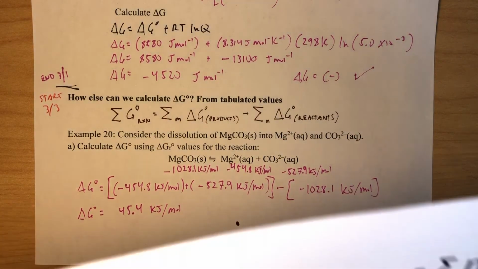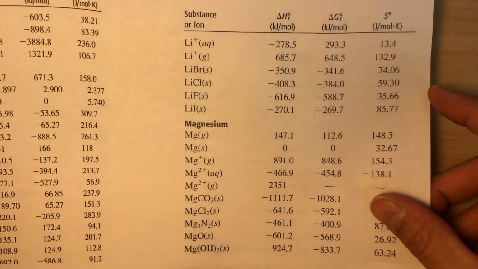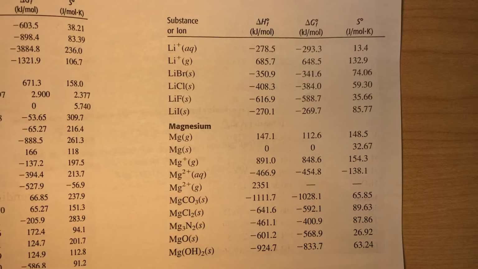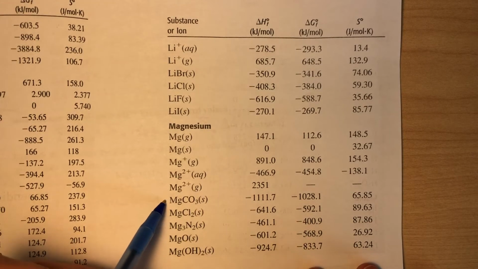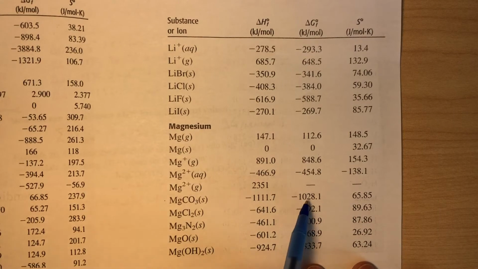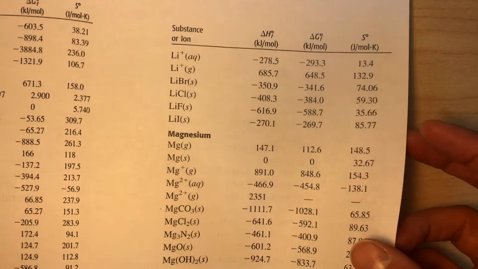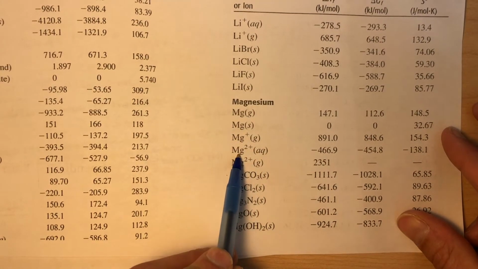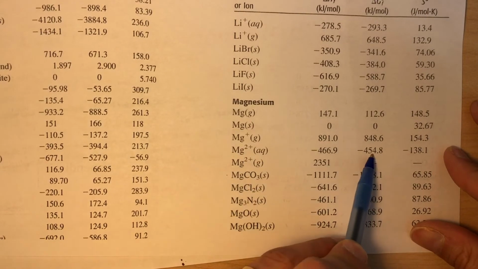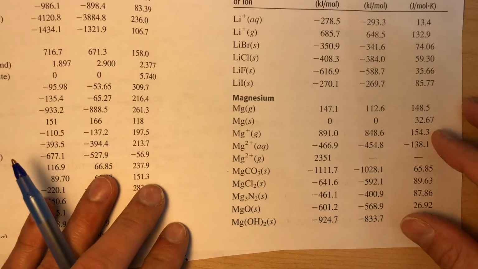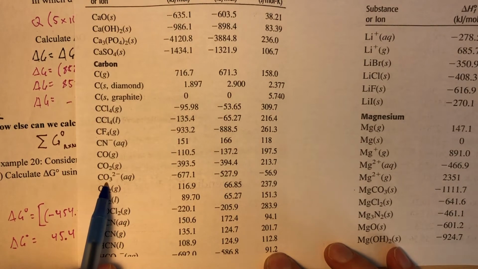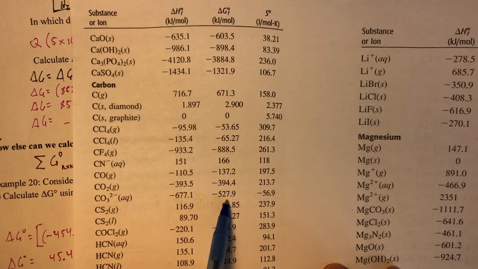This table will be provided on OnCourse, but if you want to take a moment, we're going to be using these values for the rest of this example, where we have magnesium carbonate, our delta G values for that, which is our reactant, and our products, which are magnesium 2+ ion, which is right here, and over to the side, our carbonate anion, which has a delta G shown here.